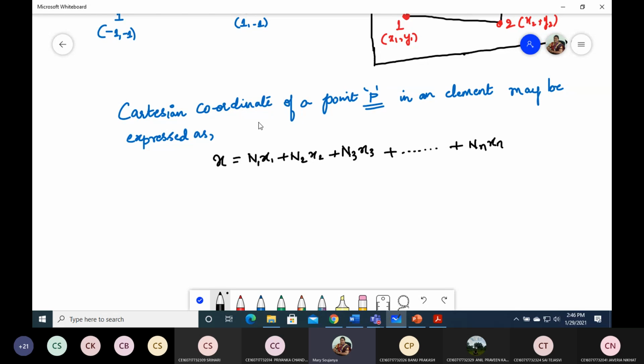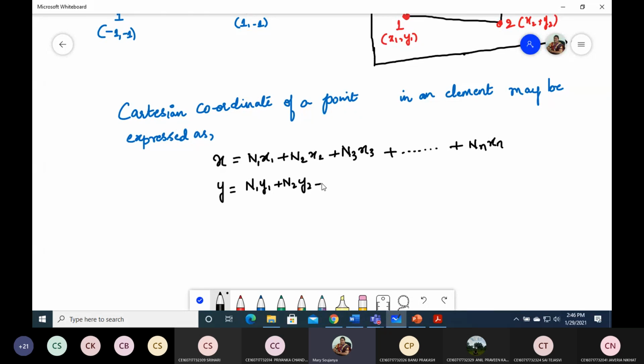Xn, this is the Cartesian coordinate of a point P. Let us not take it as P. At any point inside the element is related to the nodal unknowns in this way. Y is equal to n1 y1.